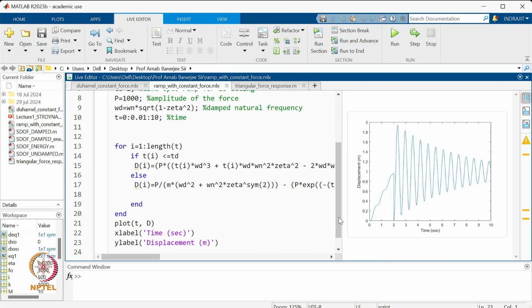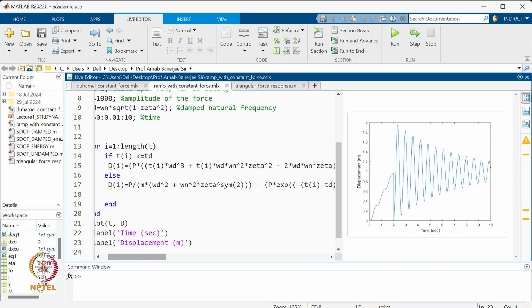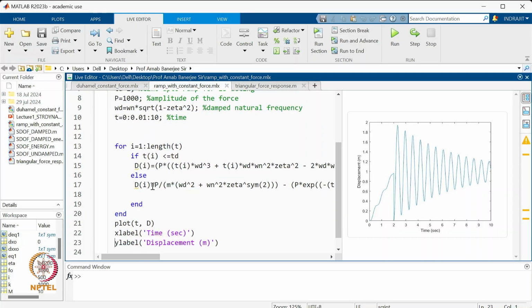Then here you can see that there are some things we have to do. What I was telling is that you have to identify which time you solve. So you have to give a condition, an if-else condition: if t is less than td, then the solution is one type of solution, and if t is more than td, which is the else condition, then you solve this way. So your solution is coming, and you can see it goes up to a particular point.